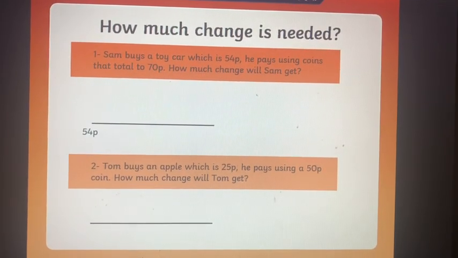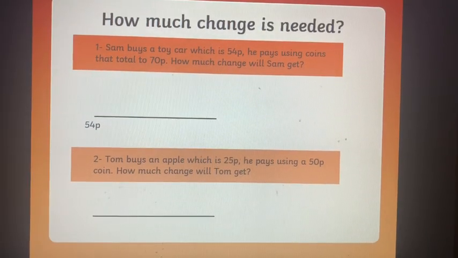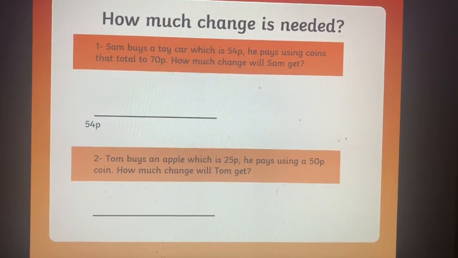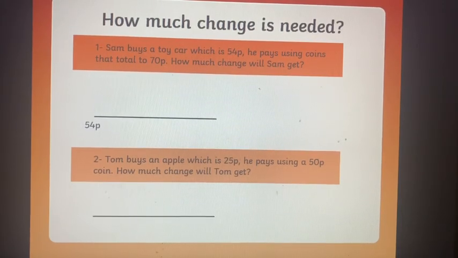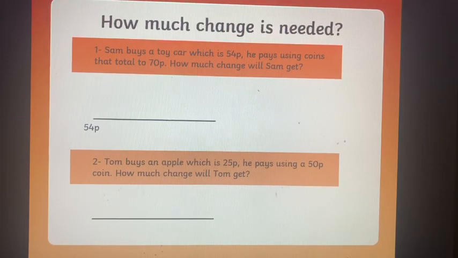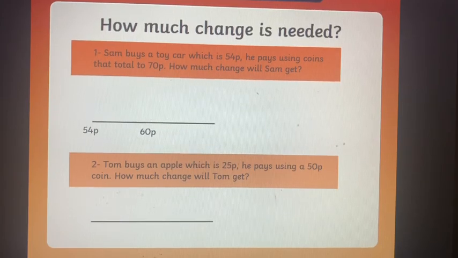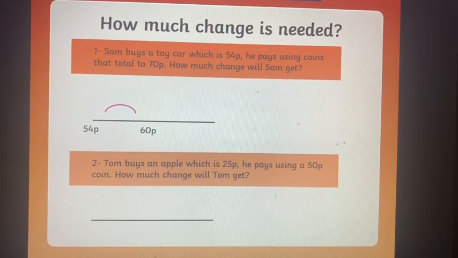So once again, just like we did in the last example, I'm going to start off with 54p at the start of my number line. So now I need to count up to the nearest 10. So the nearest 10 will be 60p. So I'm going to put that on my number line, and then I need to show how much I needed to add to 54p to get to 60p. And I needed to add 6p.